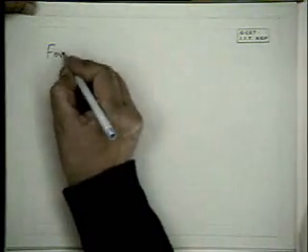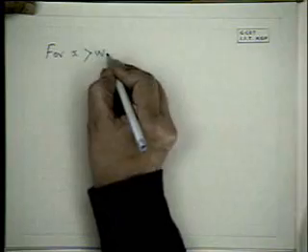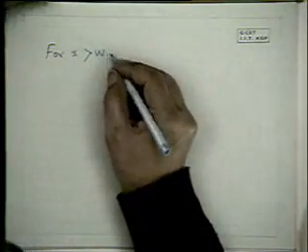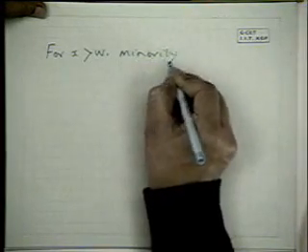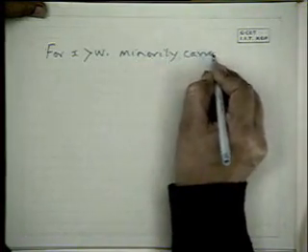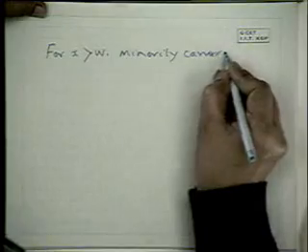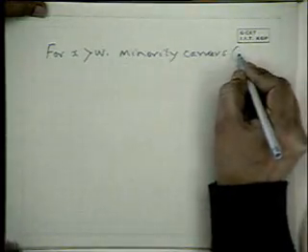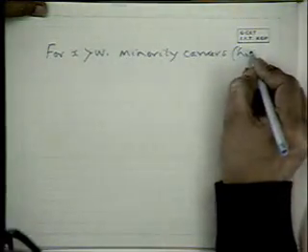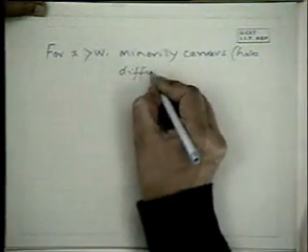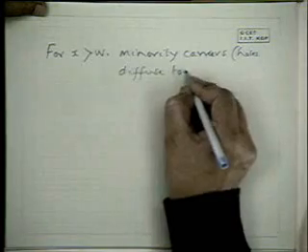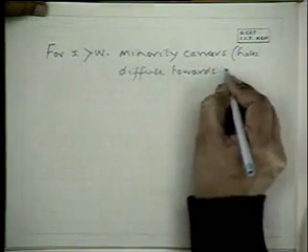What about the diffusion term? Say for x greater than W, minority carriers, these are in the n-type region, these are holes, diffuse towards the I region.